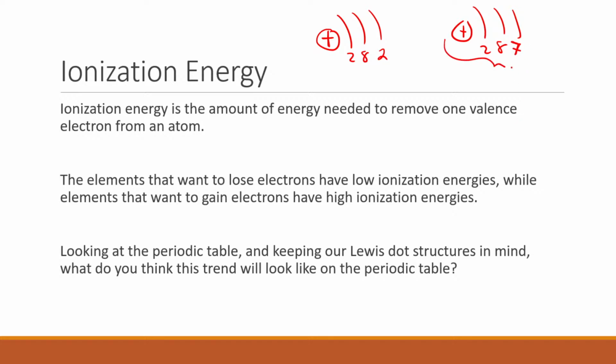And these elements do not want to lose electrons. They would rather gain. And so if you try to take an electron away from something that really wants to gain electrons, you're going to have a hard time doing that. And so the number of valence electrons is going to play a big role in determining if these elements have high or low ionization energies.